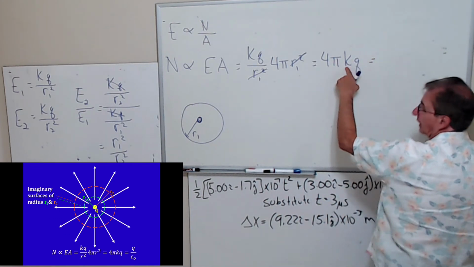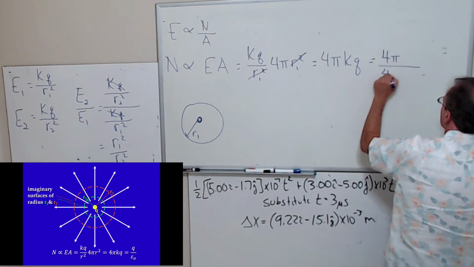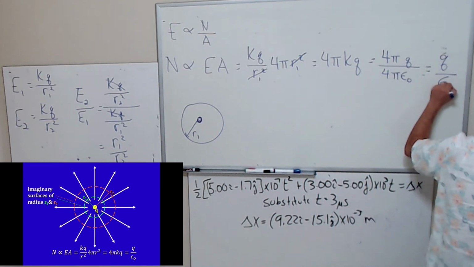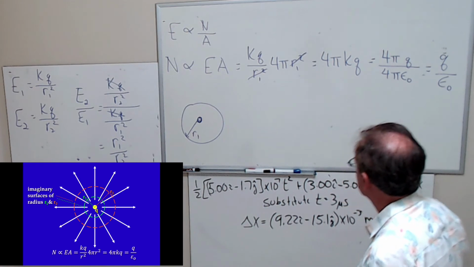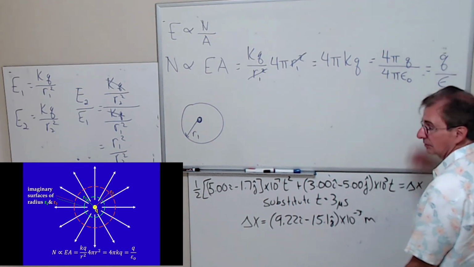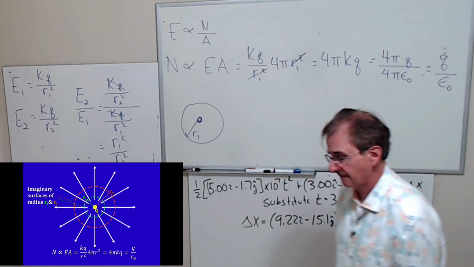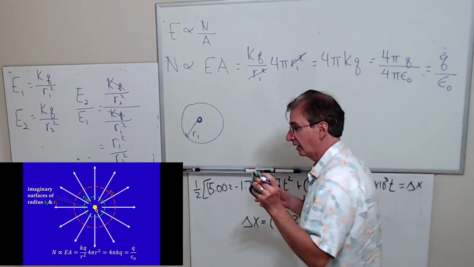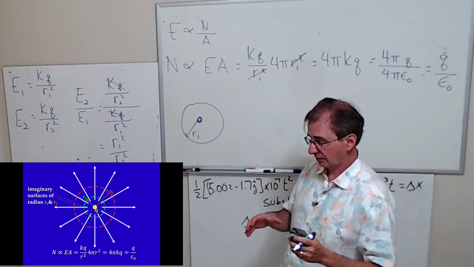Now I can write K as 1 over 4 pi epsilon naught. So the number of lines that pass through the green surface only depends on Q, how much charge is inside it. If there's no charge inside it, then N is 0. When N is 0, what that means is the total number of lines entering and leaving the green sphere is 0.